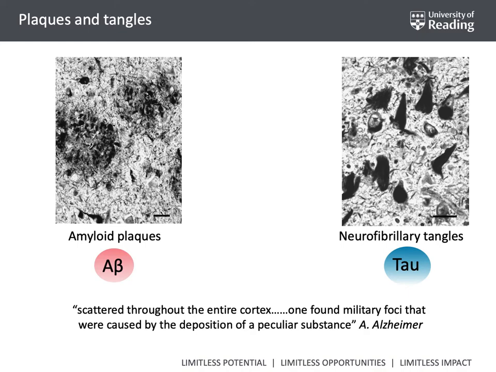In essence, the toxic proteins that we're trying to work against are this amyloid beta peptide and this tau peptide as well. And that's some of the strands in research and development, trying to work out how we can stop the processing of these two proteins to generate these plaques and these neurofibril tangles.